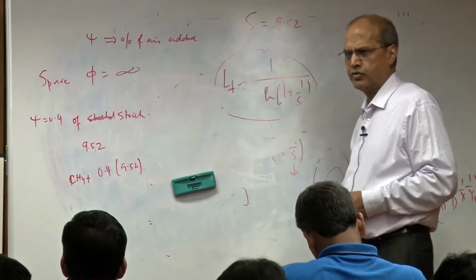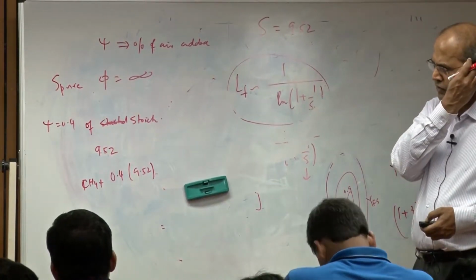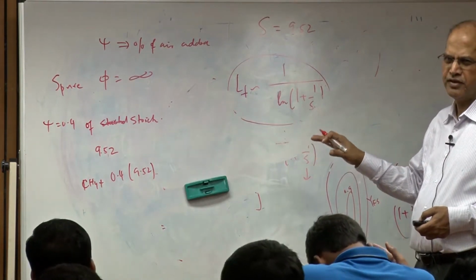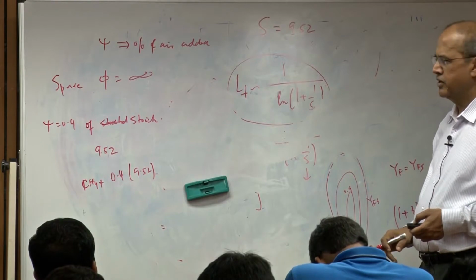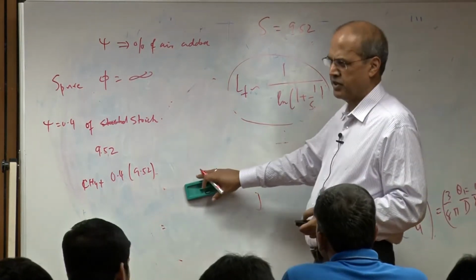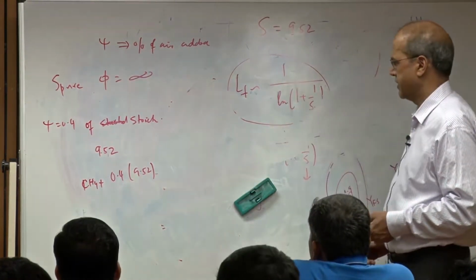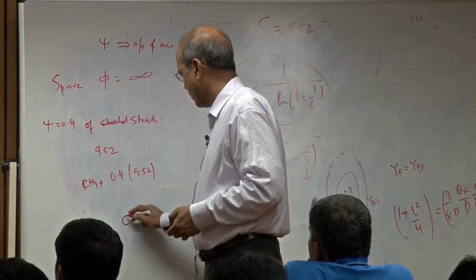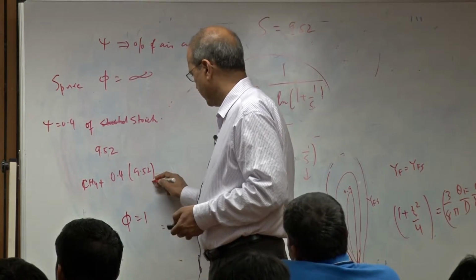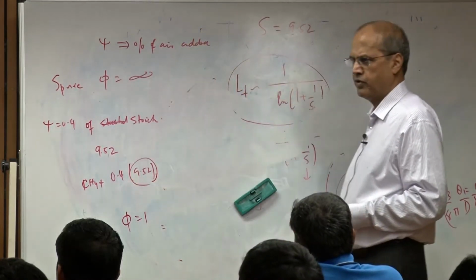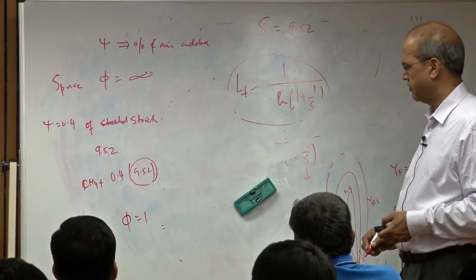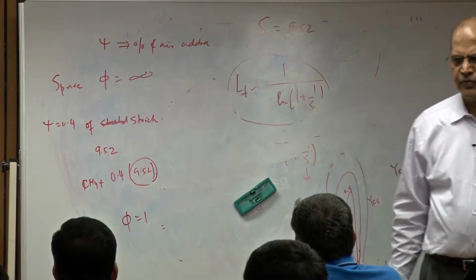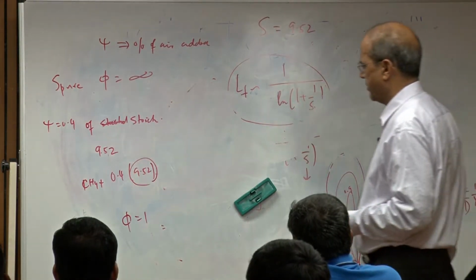So, what is the equivalence ratio for this case now? Now, we can calculate the equivalence ratio. I am not 100% sure whether this is exactly correct, but more or less it is correct, and I will double check after the session. So, what will be the equivalence ratio? For phi equal to 1, it is 9.52.